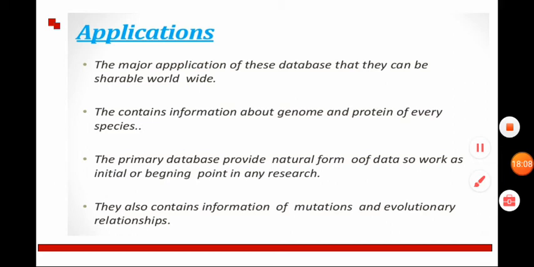It contains information about the genome and protein of every species. The primary database provides natural form of data, so it works as the initial or beginning point of any research.